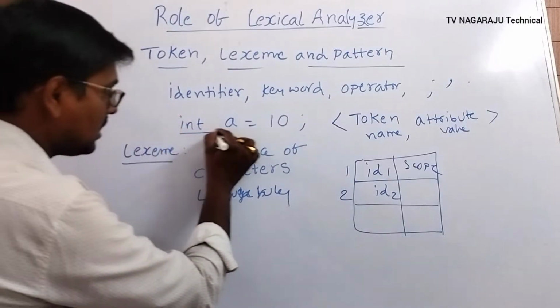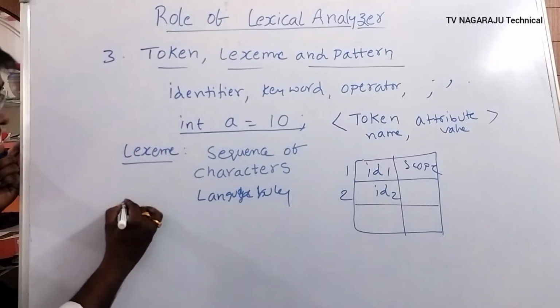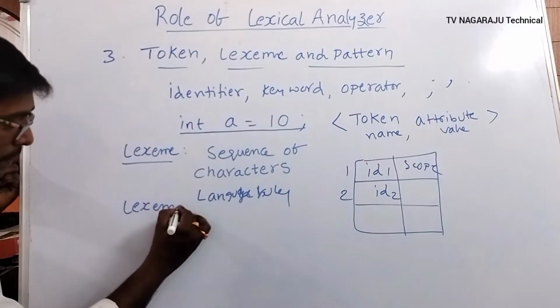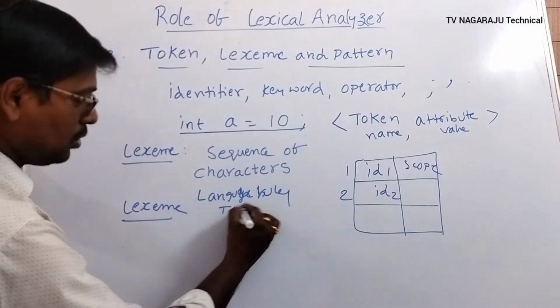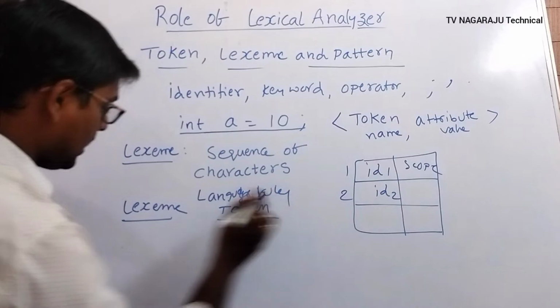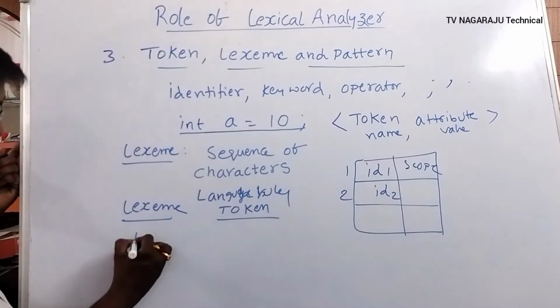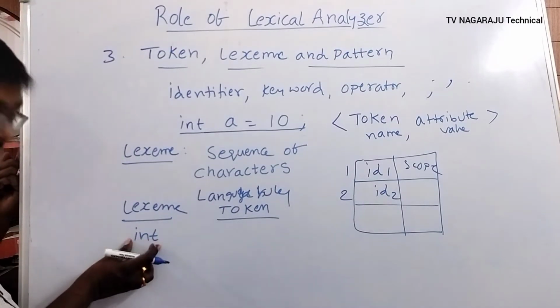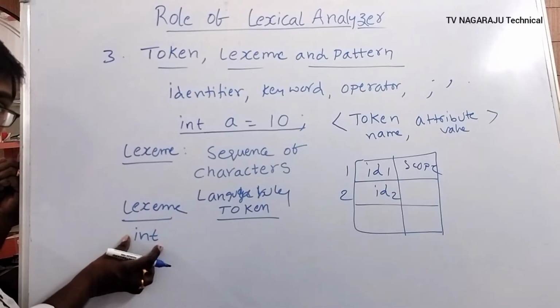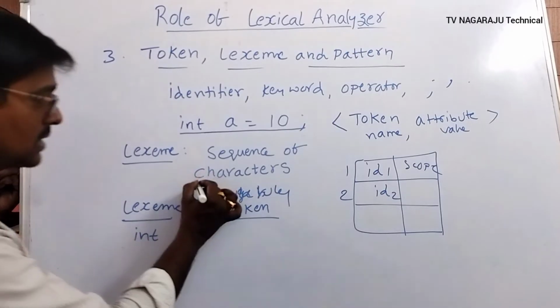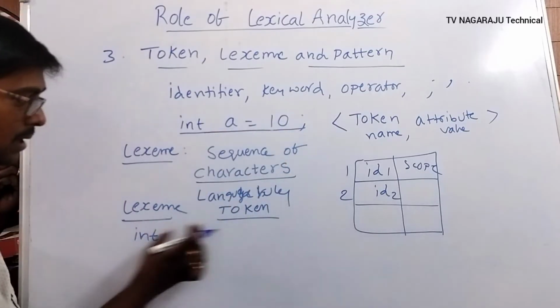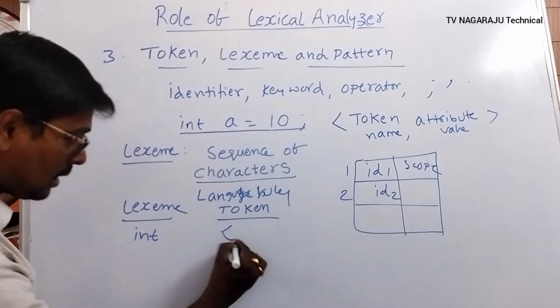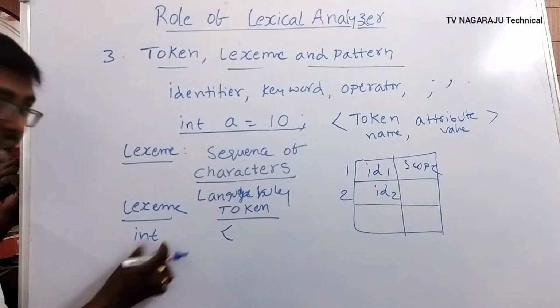Suppose consider this statement, int a = 10. How do you represent the lexeme and how do you represent a token? Simply, lexeme is equal to int. This satisfies a predefined language rule, and it is a sequence of characters in the source program. Now what is the token? The token is: int is a keyword.